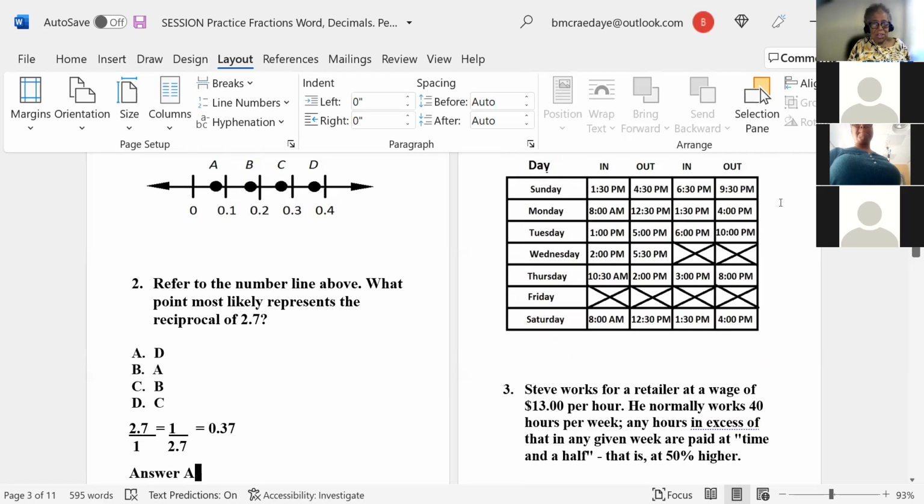So do that for each day and then add them up. Okay, so got it? Now do Monday, Tuesday, Wednesday, Thursday, Saturday, because he doesn't work Fridays.